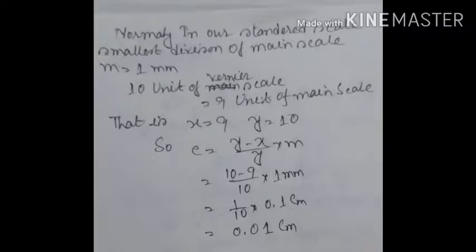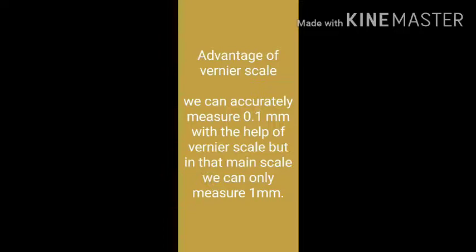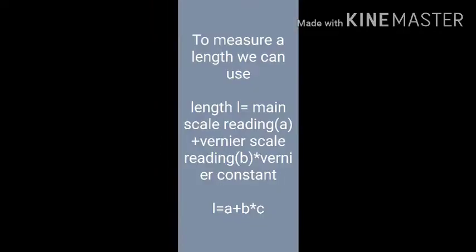What is the advantage of Vernier scale? We can accurately measure 0.1 millimeter with the help of Vernier scale, but with the help of main scale, we can measure only 1 millimeter. So Vernier scale provides us an accurate measurement.